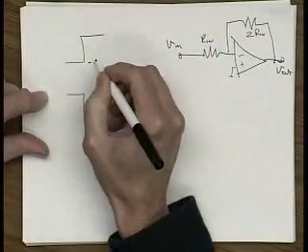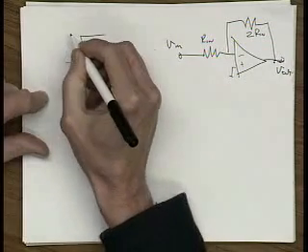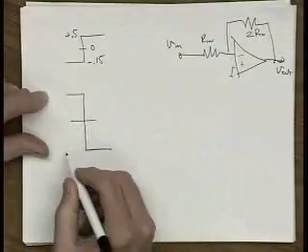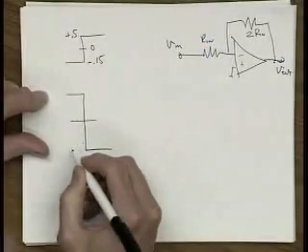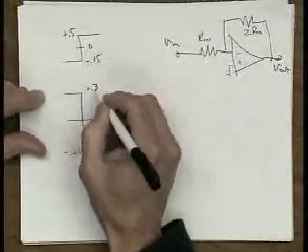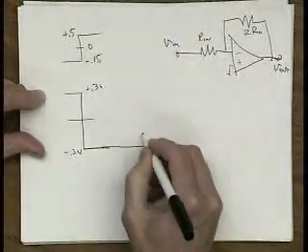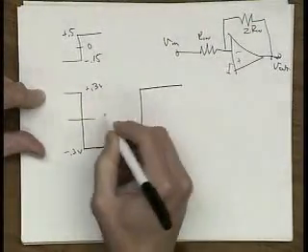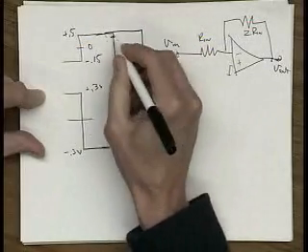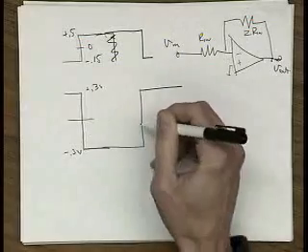The input goes from minus 0.15 volts to plus 0.15 volts, around 0. The output should ideally go immediately from plus 0.3 volts to minus 0.3 volts, because it's inverting. Then with the other transition, it'll go up again and do the same thing. So that's the ideal response.